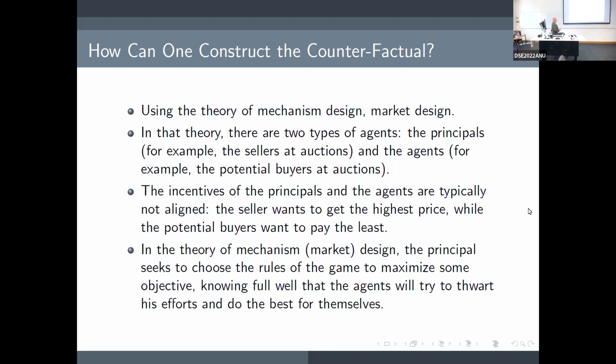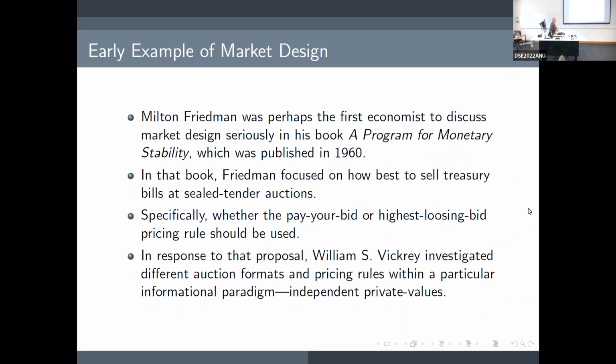The seller wants to get the most and the buyers want to pay the least. In the theory of mechanism design, you get to choose the rules however you like, to maximize some objective. It could be seller's revenue, it could be surplus to the pair. It's up to you. In some sense it's a little hard to think of surplus to the pair when there's a fixed pie, but you get the idea.